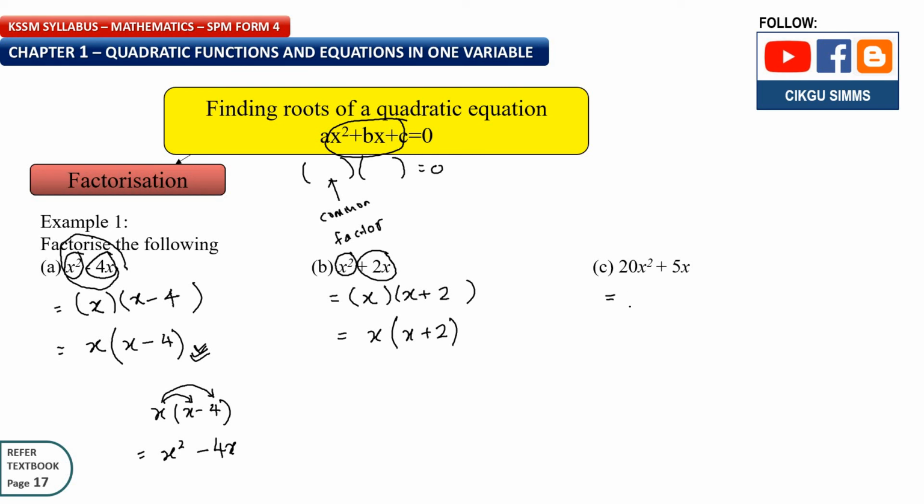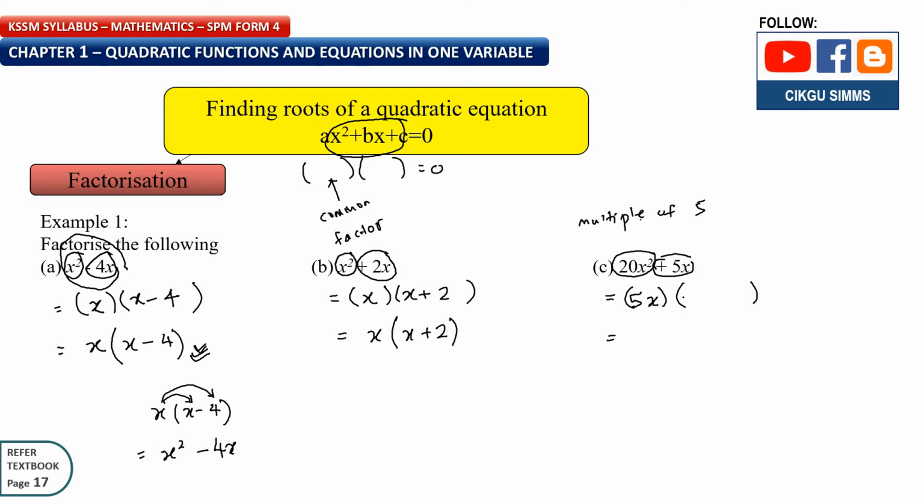Question C. First bracket, second bracket. Put the common thing in the first bracket. Here is the first term, and this is the second term. It's a little bit tricky because of the number 20. You can check, this is 20, this is 5, and they are both multiples of 5. That means they both have 5, so I can bring out a 5, and then x, like usual.